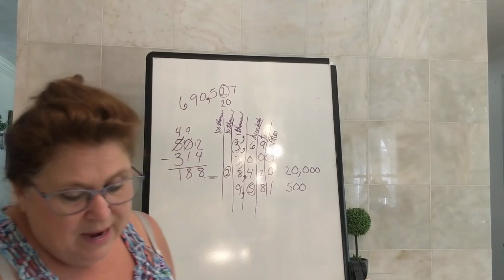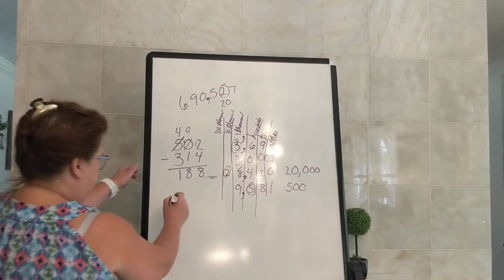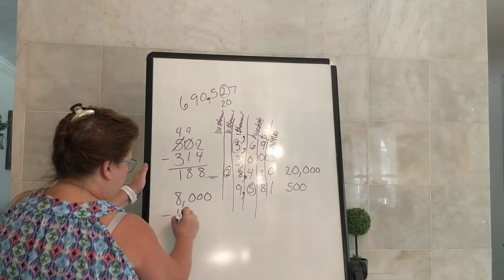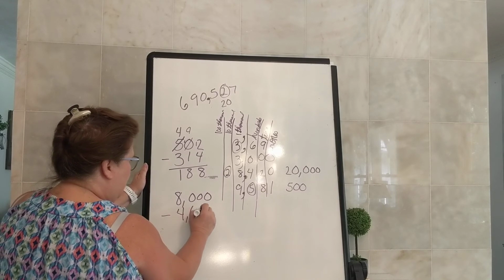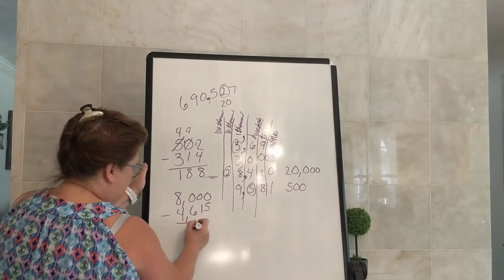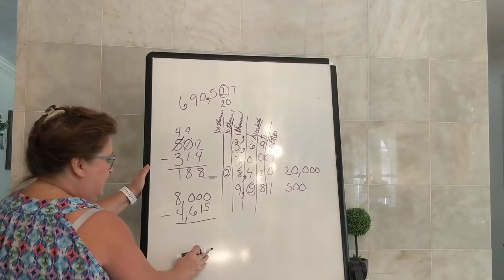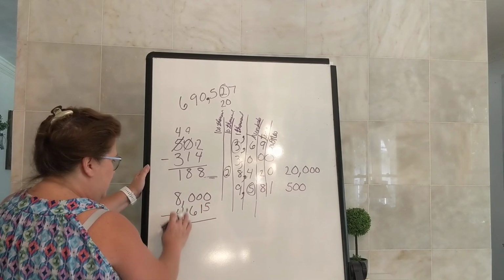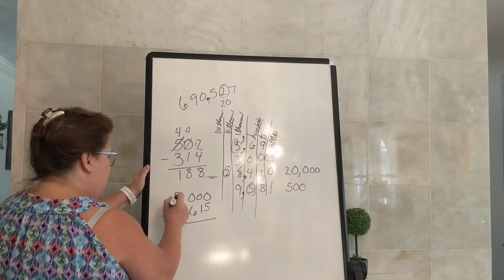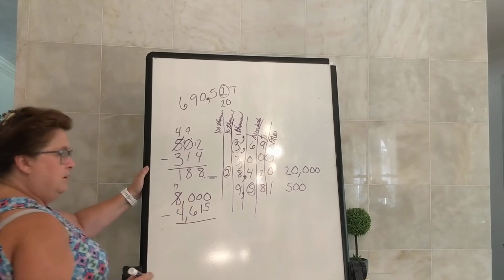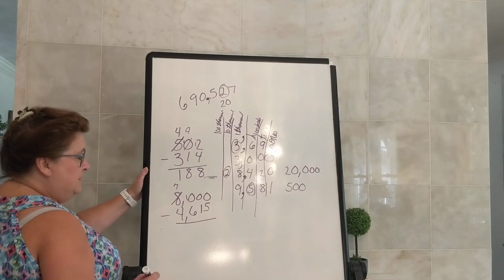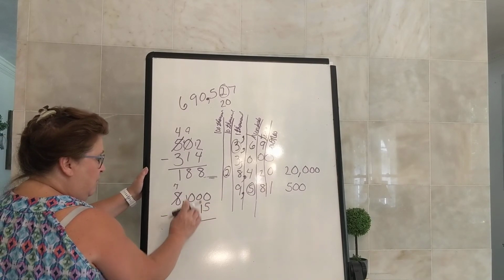Then look at letter D. We have 8,000 minus 4,615. So we can't say 0 minus 5. We can't borrow from this one. Can't borrow from this one. So we're going to have to borrow from the 8, cross it out, and make it a 7. Our 1 we borrowed, we're going to put right here with this 0. It's 10. So now this one can borrow from this one.